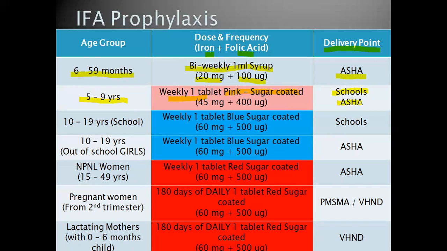Those who are school going children will be given through schools, and those who are out of school would be given through ASHA. So a community medicine resident should be able to summarize this kind of delivery points as center-based and community-based. This is a center-based delivery point. The child is going to school.